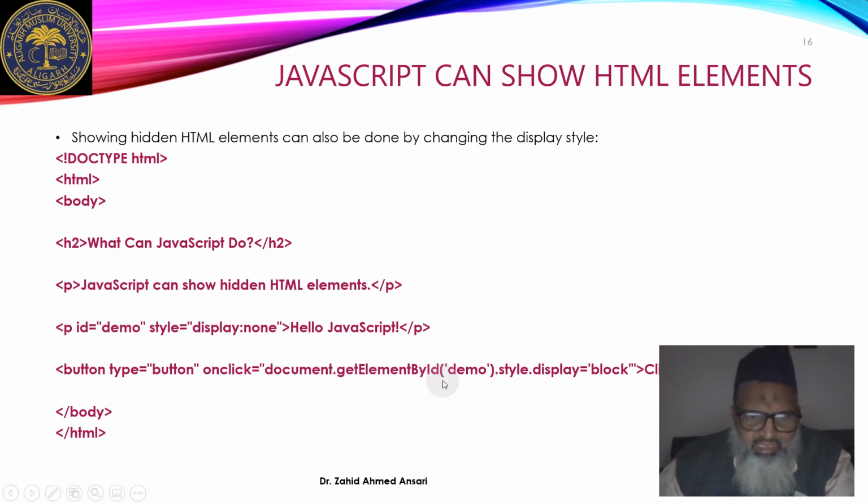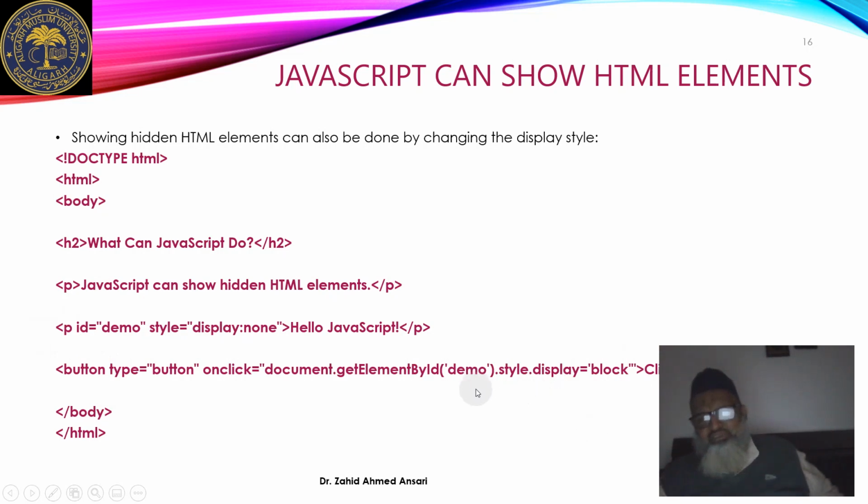We get the element by ID demo, and we change style.display from none to block. There is something called block style, which will show that particular paragraph. So instead of none, it will become block.